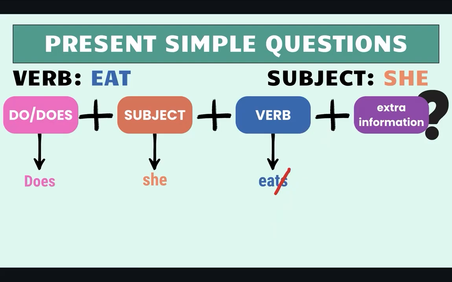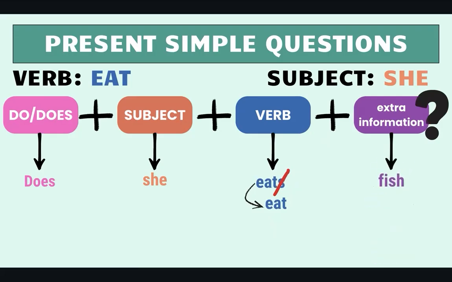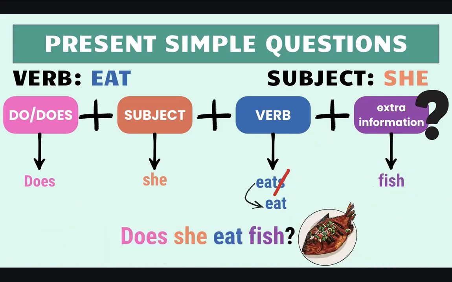We need to take off that S and it stays in the base form. We always use the base form of the verb after do or does in a question. And then the extra information that we are asking about. So does she eat what? Does she eat fish? So our sentence is, does she eat fish?